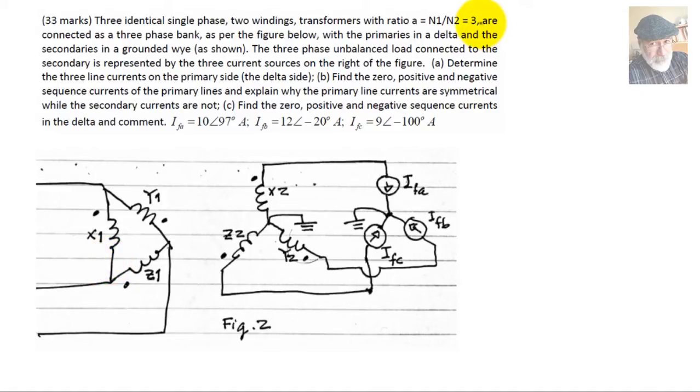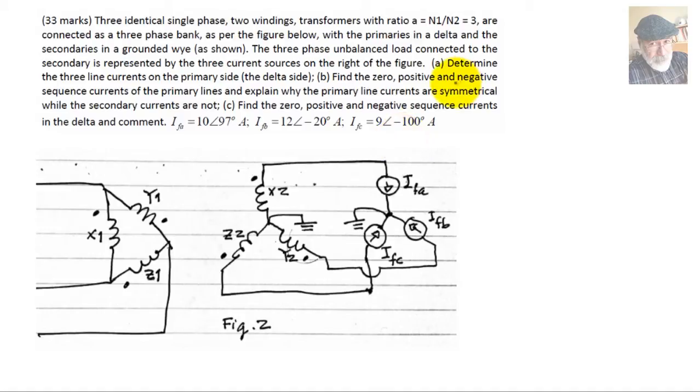They are connected as a 3-phase bank, as per the figure below, with the primaries in a delta, this one, and the secondaries in a grounded Y. The 3-phase unbalanced load connected to the secondary is represented by the 3 current sources on the right hand side of the figure, those 3 sources whose values are given.